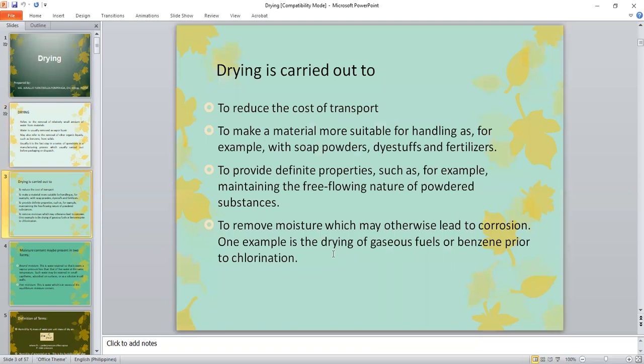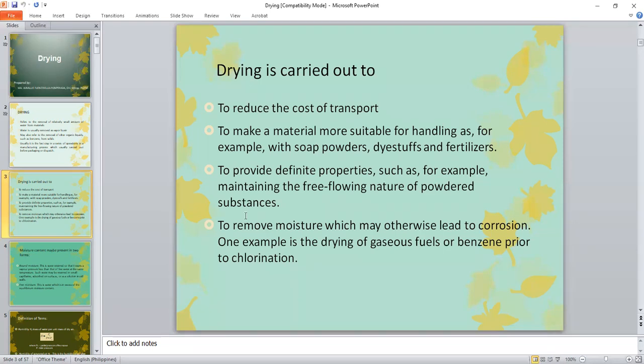Drying is used to reduce the cost of transport, to make a material more suitable for handling, as for example with soap powder, dyestuffs, and fertilizers, and to provide definite properties such as maintaining the free-flowing nature of powdered substances. This is again self-explanatory.